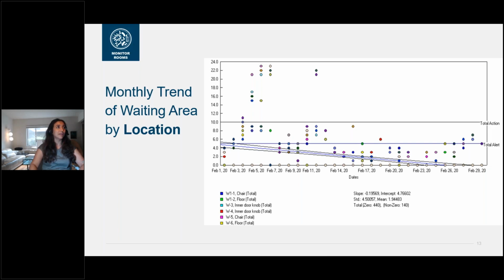Here we've trended by location, so you can see specific areas, and we've coded them with numbers W1-1, W1-2, etc. And then you can put a description here, so we see it's the chair in a certain area, etc.